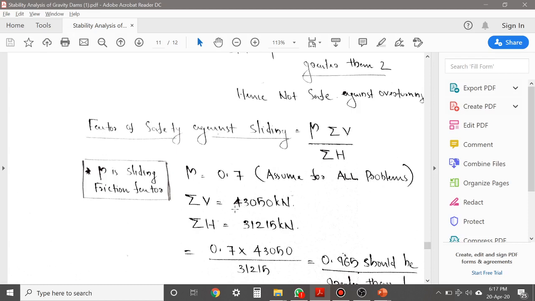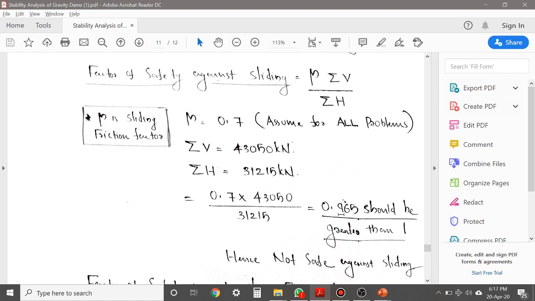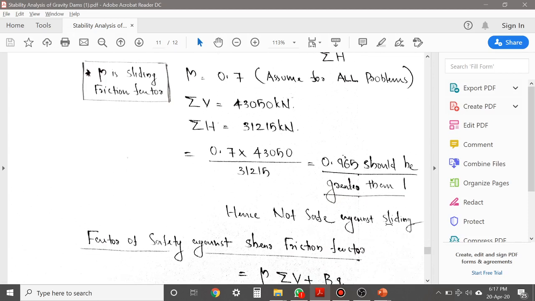Now you have the sigma V value and the sigma H value. You can calculate the factor of safety against sliding. You will get it as 0.965, but it should be greater than 1. Hence it is not safe against sliding. You just have to comment whether it is safe or unsafe against these different factors.